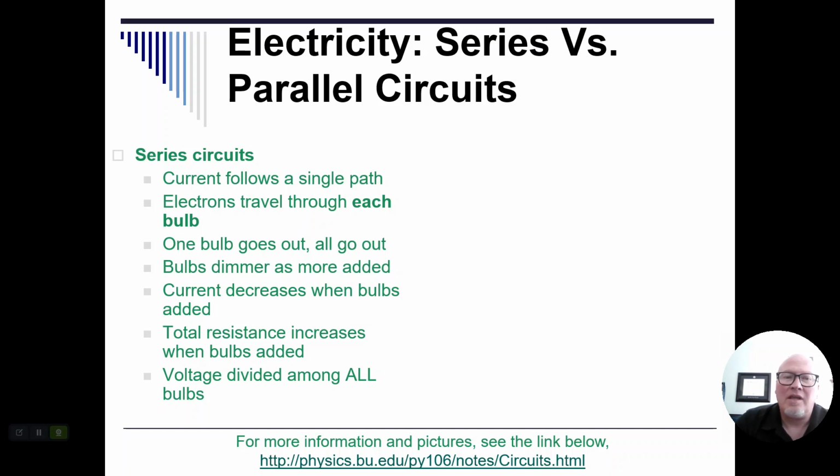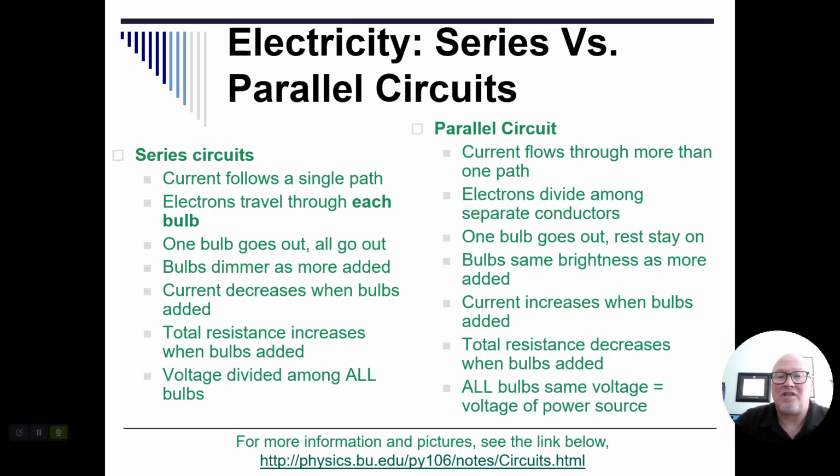A series circuit is a circuit in which there is only one single path for electrons to pass through. If one part of the circuit goes out, the entire circuit goes out, because everything's moving in one particular pathway. To find the total resistance, you add up the resistance from all of the bulbs or all of the resistors in the circuit.